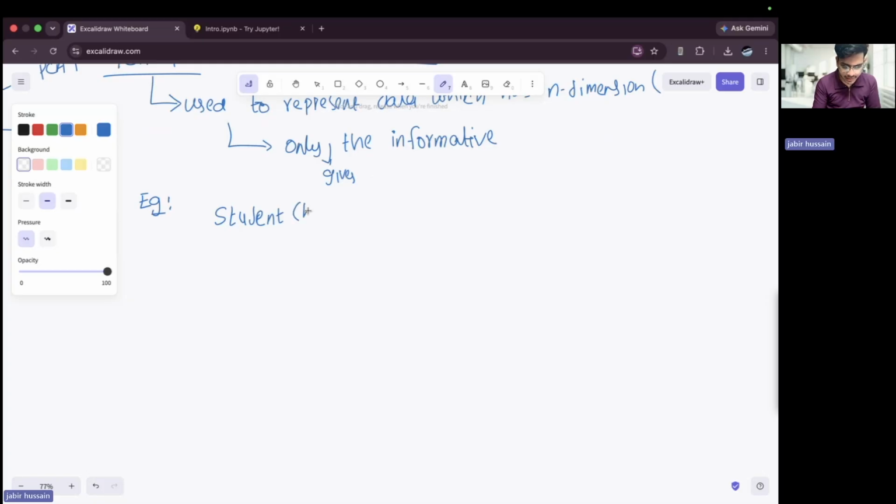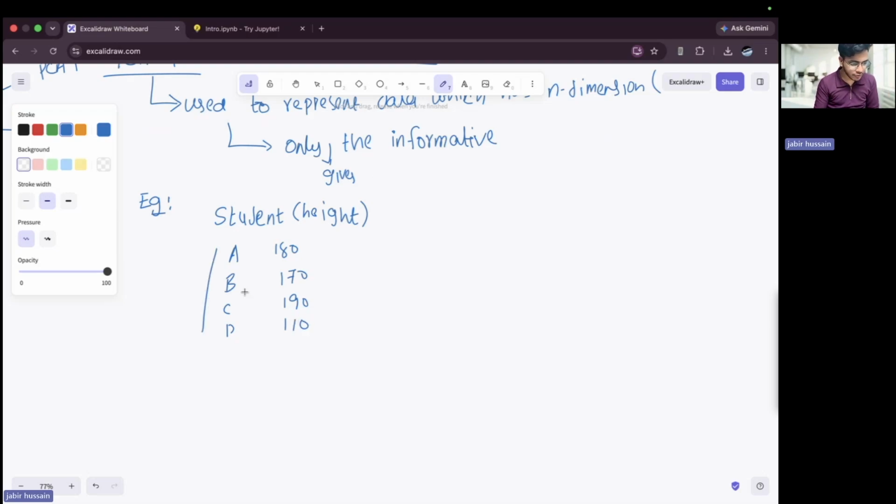Let's say we have 4 students: student A, student B, student C, student D, with heights 180 centimeters, 170 centimeters, 190 centimeters, and 110 centimeters.